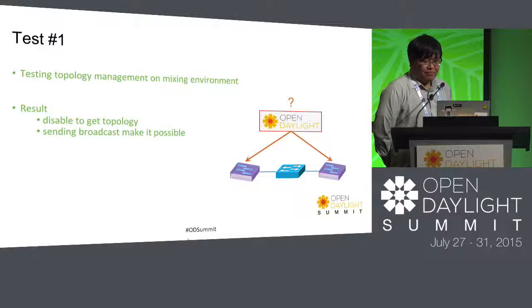This is because LLDP does not transfer through a neighbor which is not managed by OpenDaylight. So we stopped using LLDP to find topology in OpenDaylight. We started using a broadcast address instead of LLDP. OpenDaylight can get topology even if there is an L2 switch between OpenFlow switches.